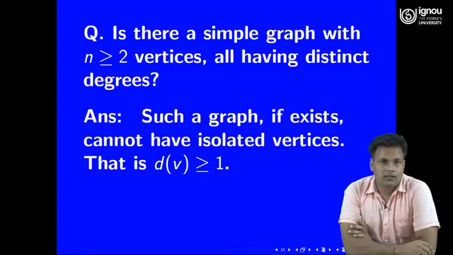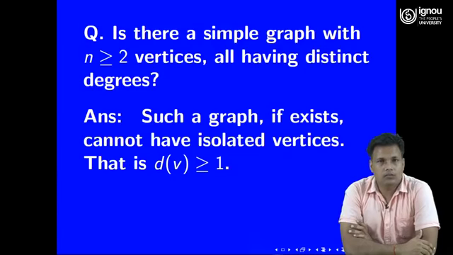Now we ask, is there a simple graph with n greater than or equal to 2 vertices all having distinct degrees? Let's assume that such a graph exists. Then it cannot have isolated vertices.